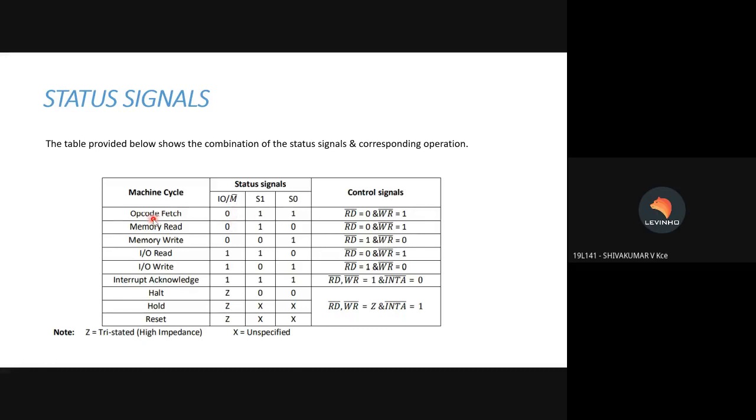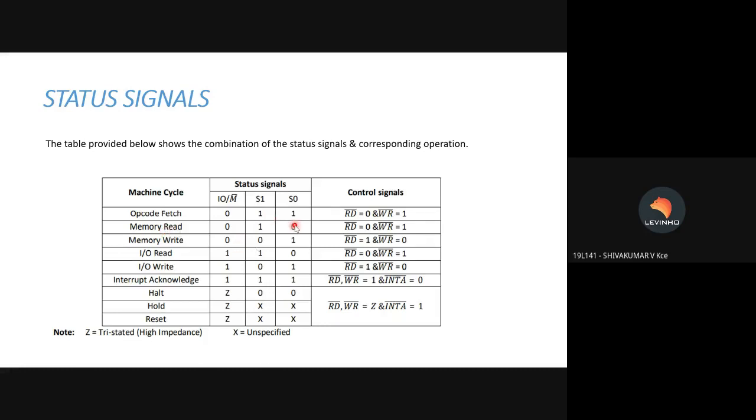You have seen the opcode fetch in the last slide, so S1 and S0 remain 1, so the read operation is enabled. During memory read operation, IO/M bar is low, so it is communicating with the memory. To have a read operation, S1 should be 1 and S0 should be 0.